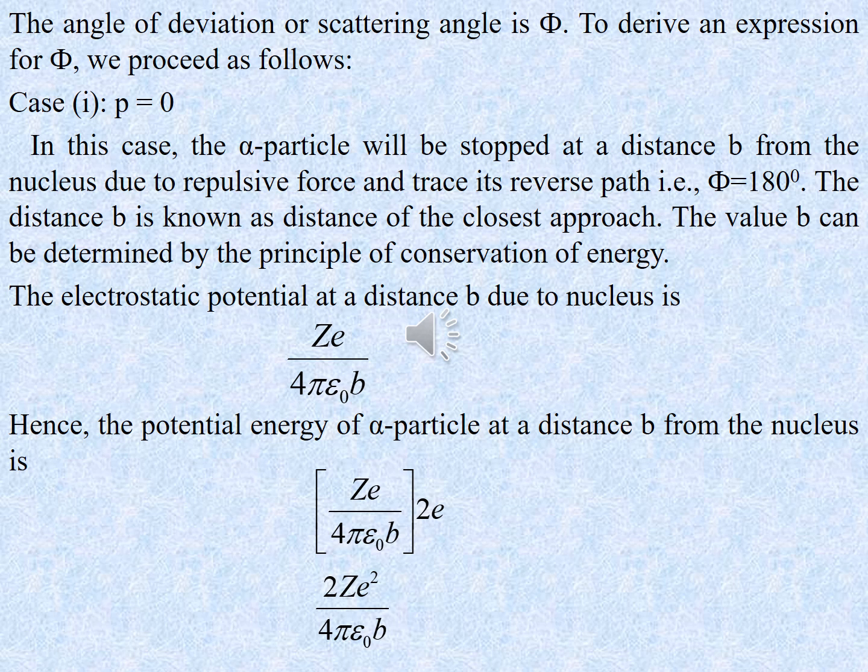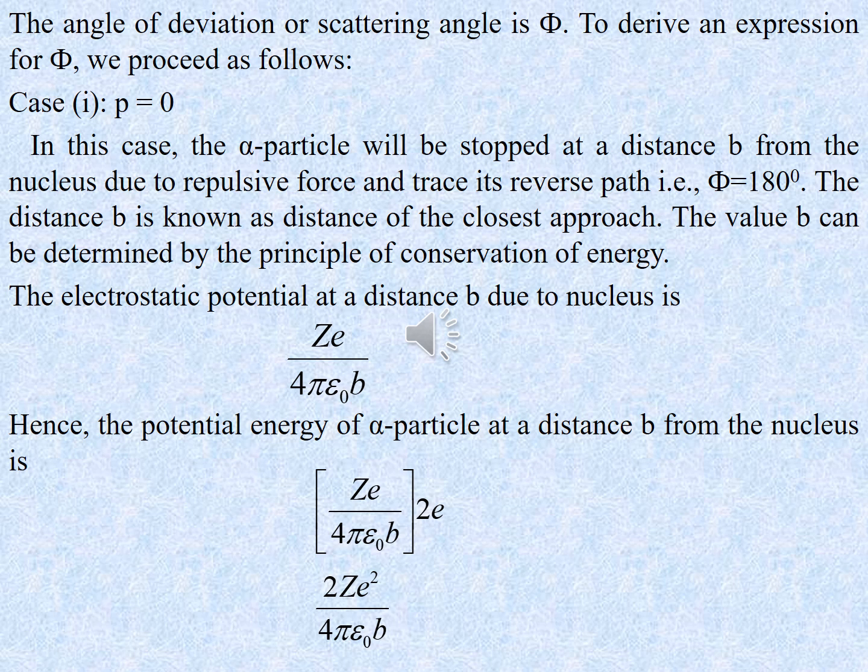This can be measured in two cases. In case 1, if p is equal to 0, the alpha particle will be stopped at a distance b from the nucleus due to repulsive forces and trace its reverse path, that is phi is equal to 180 degrees. The distance b is known as the distance of closest approach.